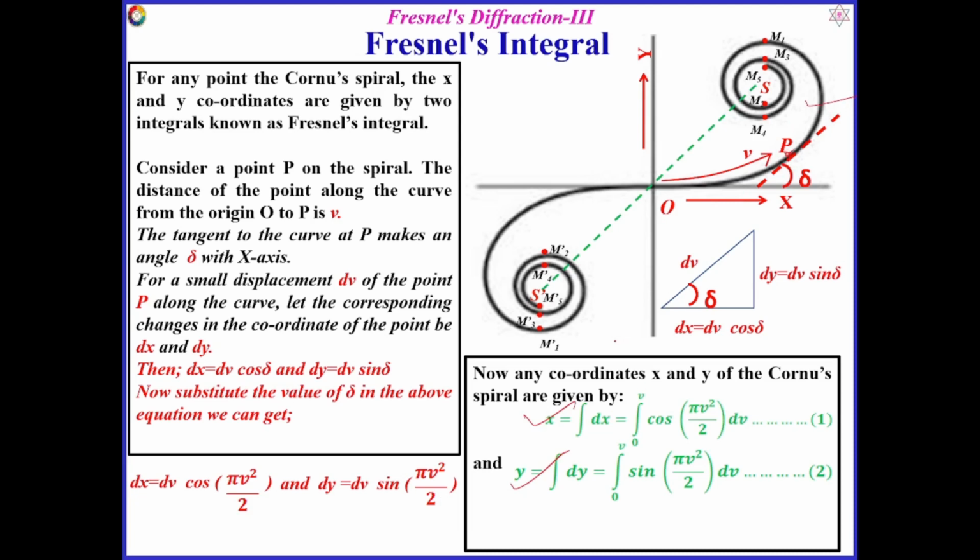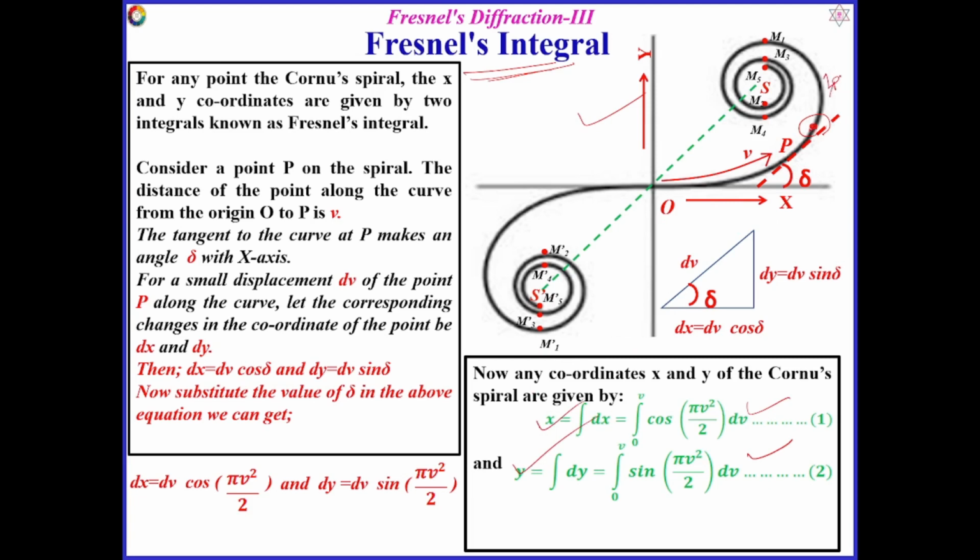To locate any point on the Cornu spiral or Euler spiral, we need the Fresnel integrals. If a 1 mark or 2 mark question is asked, you have to draw this figure and write this. Locating means finding the x coordinate and y coordinate of the point.